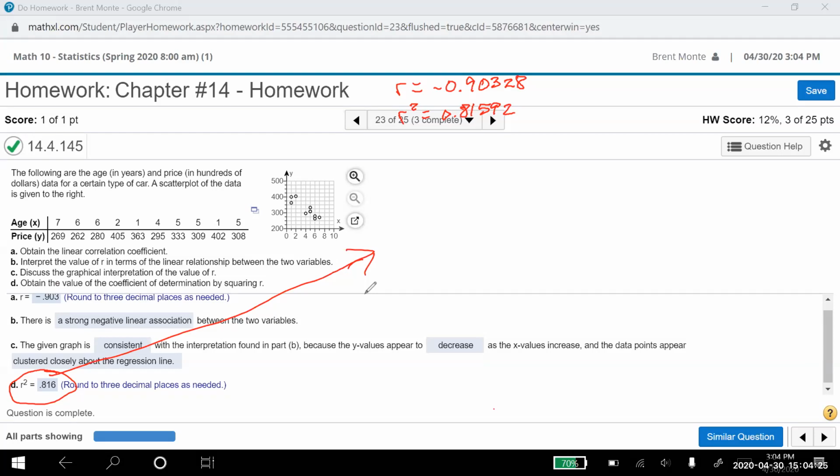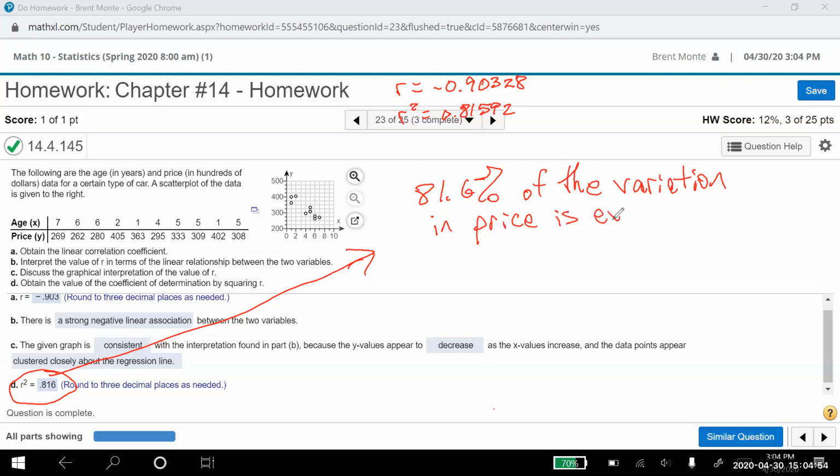So remember, R squared tells us the percentage of the variation in the Y variable that's explained by X. So we can say 81.6% of the variation, and Y was the price, in price is explained by the age of the car.